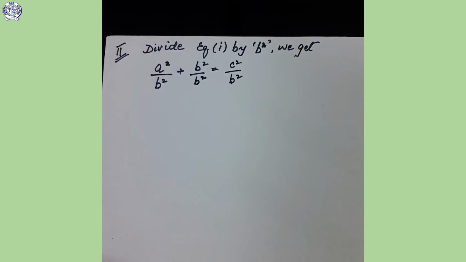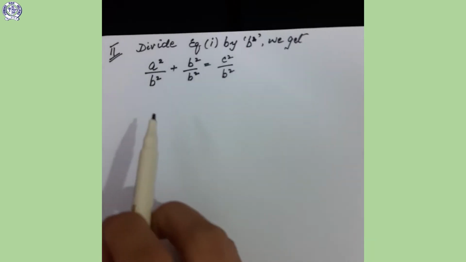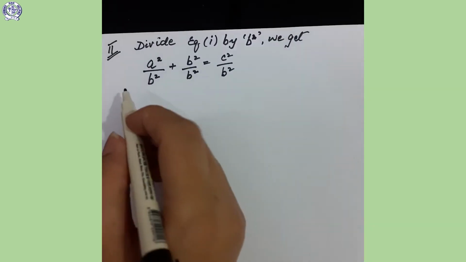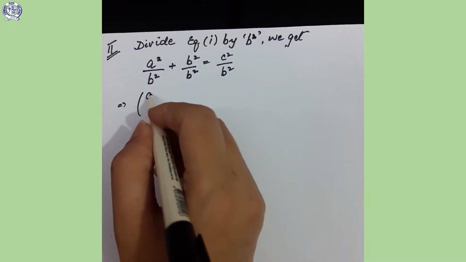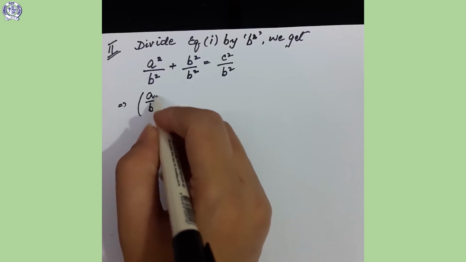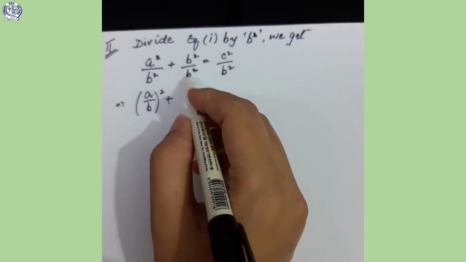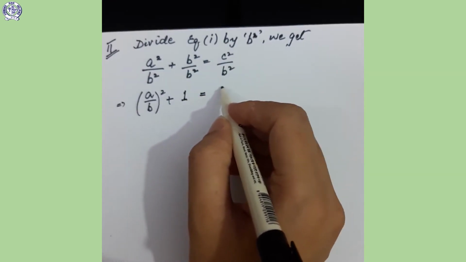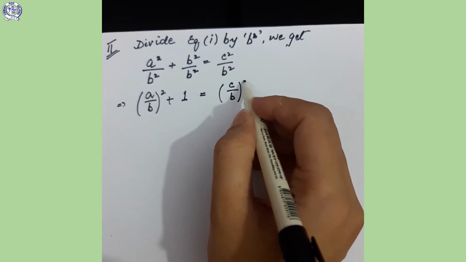So this is the same equation, Pythagoras theorem, and we are now dividing the equation by b square. It means that divide each term by b square. So we will get, again we will change this into a upon b the whole square plus b square upon b square will get cancelled, so we'll get 1 equals c upon b the whole square.